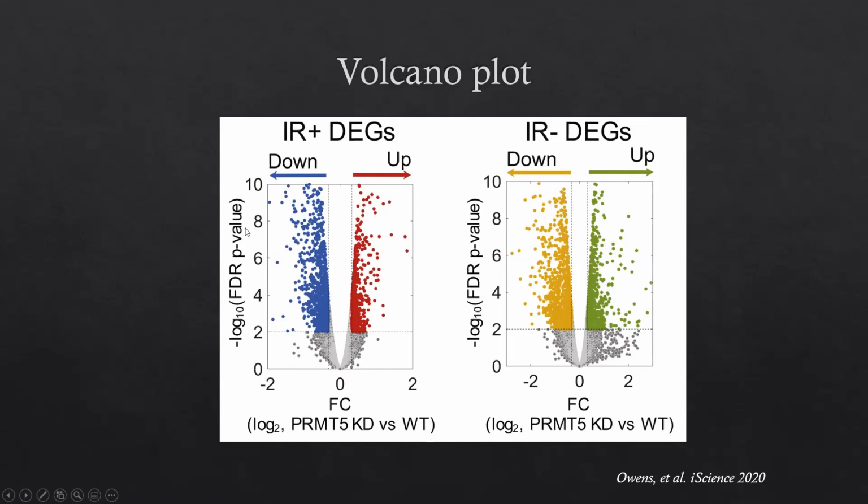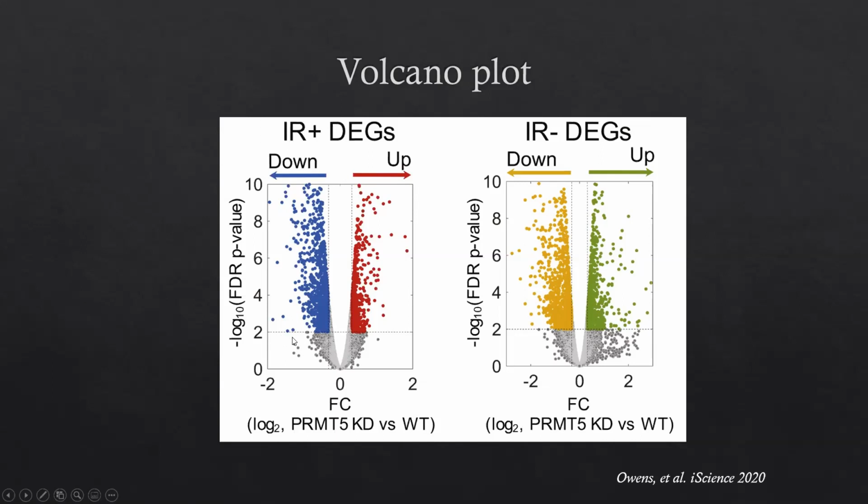And the y-axis represents the statistical significance in terms of FDR-adjusted p-value, but in minus log 10 scale, which means a higher value is a smaller FDR-adjusted p-value, representing more significance.